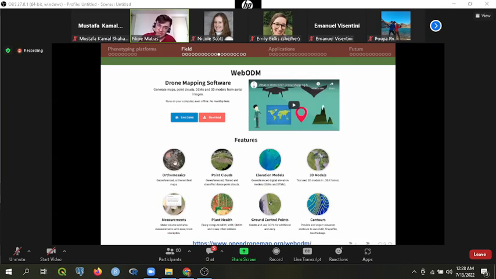You have the orthomosaics, which is normally the most important, for example, for us now to calculate vegetation indices. And we also have the DSM, the elevation models that we also use for plant height. They offer many other outputs here, but we're going to use mainly the orthomosaic and the DSM.